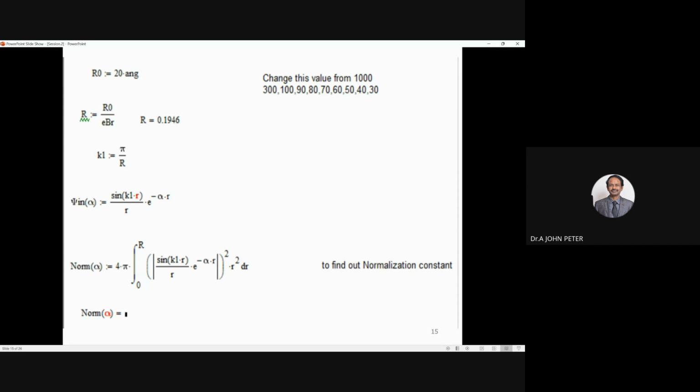Next one, we are going to have the kinetic energy. Look at the kinetic energy. It is not visible, but I have written it down. What is the expression for kinetic energy? Kinetic energy equals 4 pi times the kinetic energy operator sandwiched between psi star and psi.